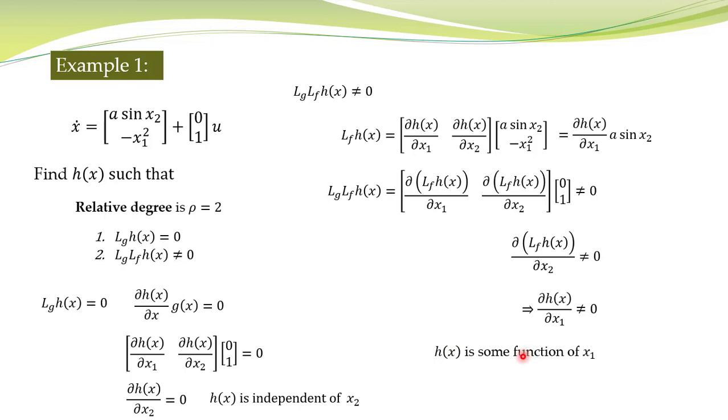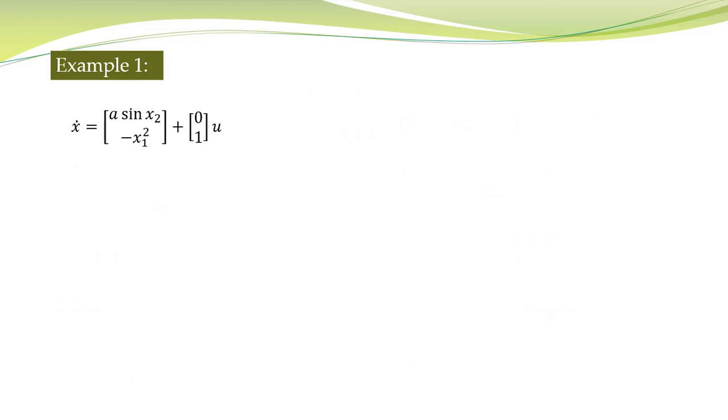So we can take any function of x1 that will satisfy both of these conditions, and simpler is always better if it works. So we have selected this h of x to be equal to x1, and once we have selected h of x, the rest of the procedure is the same as we have done in the previous lecture.